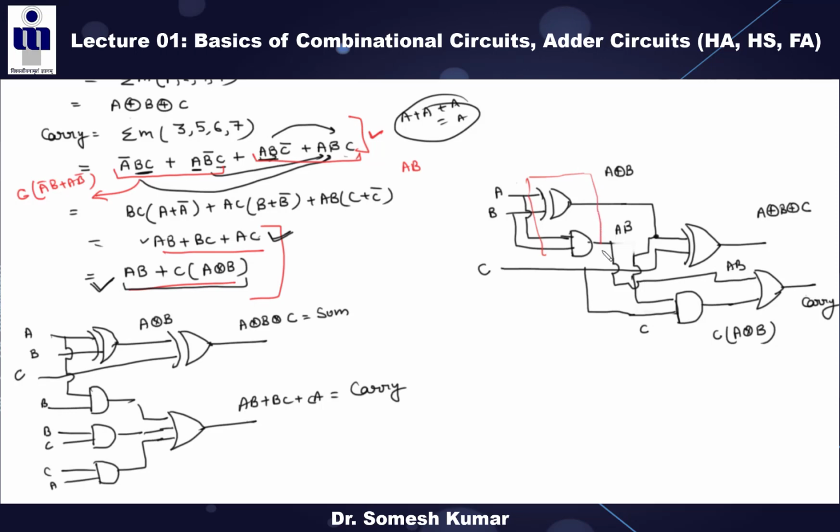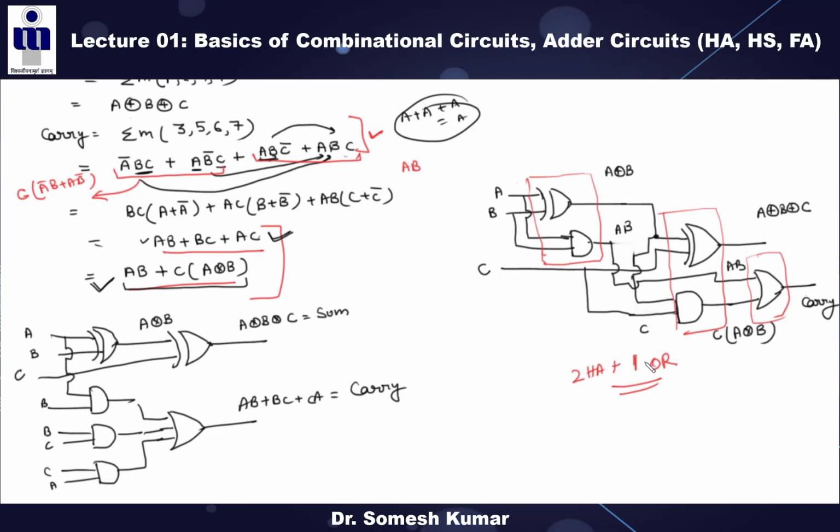A half adder consists of one XOR gate and one AND gate. This is the second half adder, and this is one extra gate. So 2 half adders plus 1 OR gate, right? This type of question can also be asked.